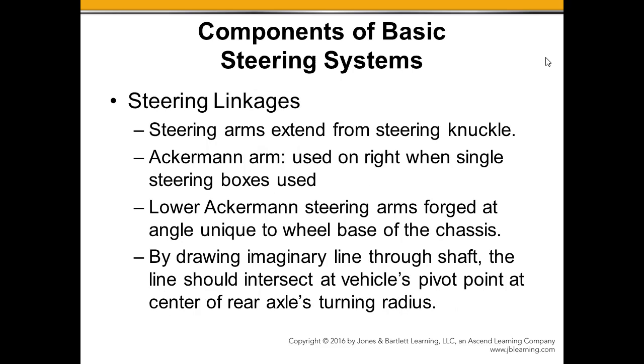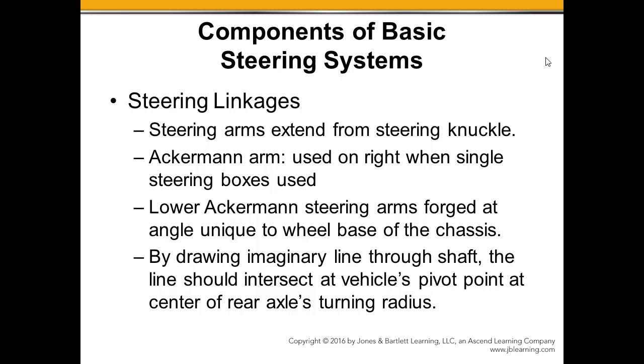The steering arm takes that linear motion from the drag link. The steering arm is connected to the steering knuckle and causes it to change its angle right or left. Ackerman arm, same concept as the steering arm on the top of the steering knuckle, but we've got the Ackerman arm on the bottom.